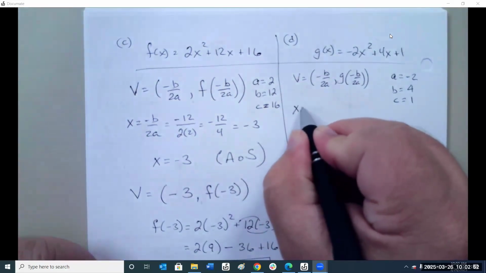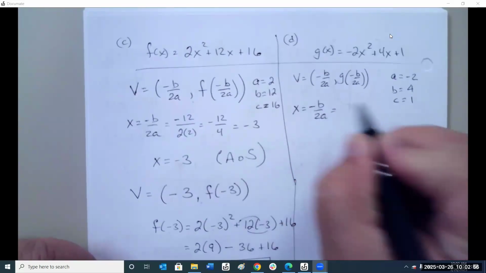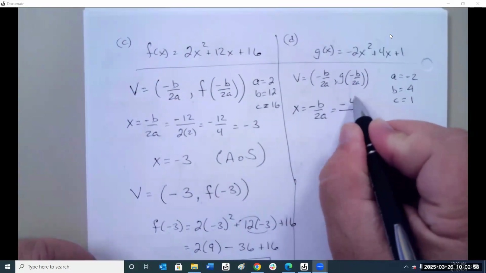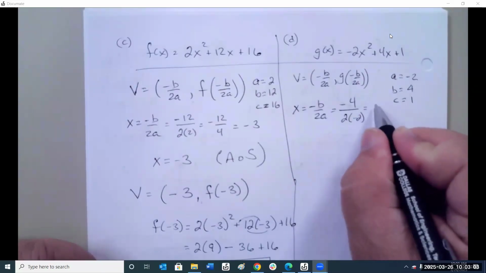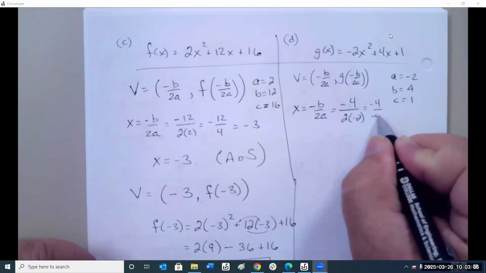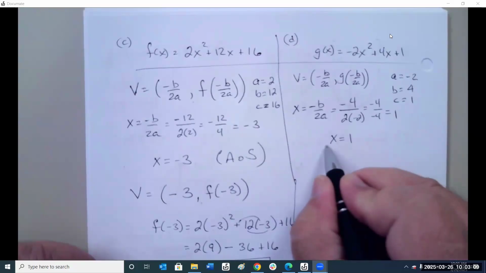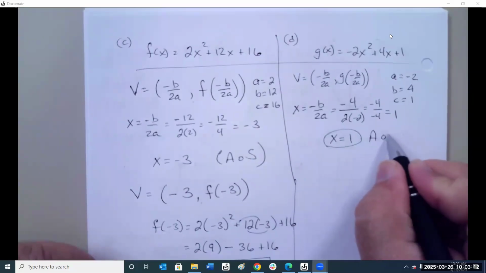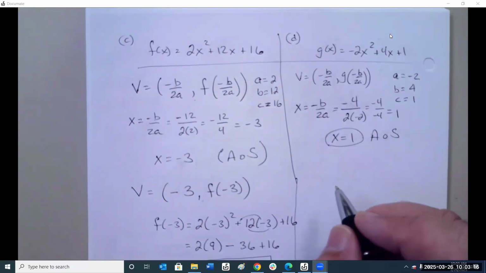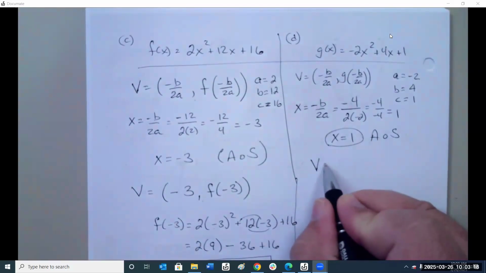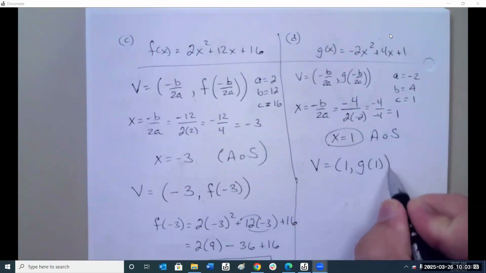So my x value, which is -b over 2a, is -4 over 2 times -2. So it's -4 over -4, which is +1. So that's also my axis of symmetry.